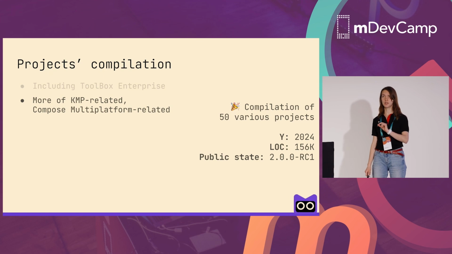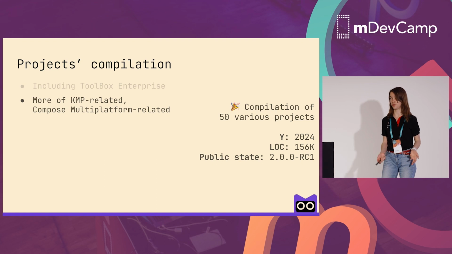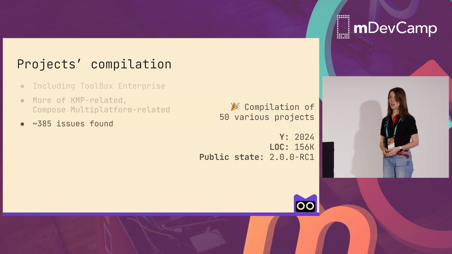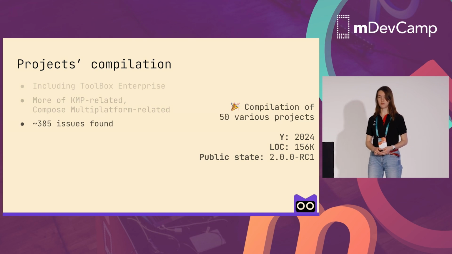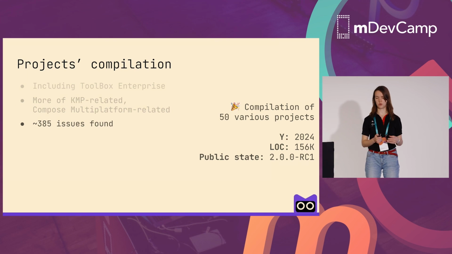In fact, some user projects which were compiled before, we have just disabled Compose Multiplatform modules for a while, and then we have turned those on again. And by this time, we have found 385 unique issues thanks specifically to those user projects, because these are real-world samples.